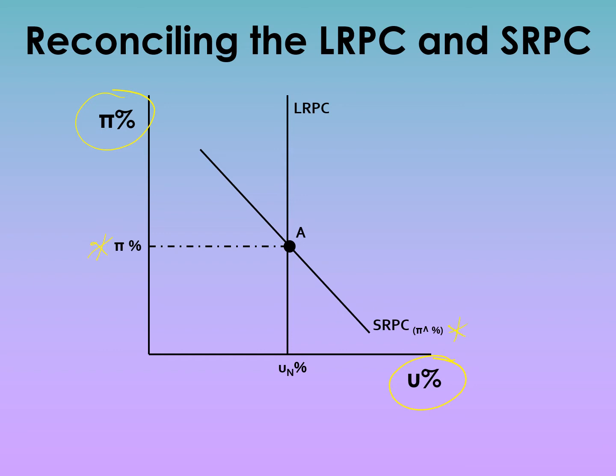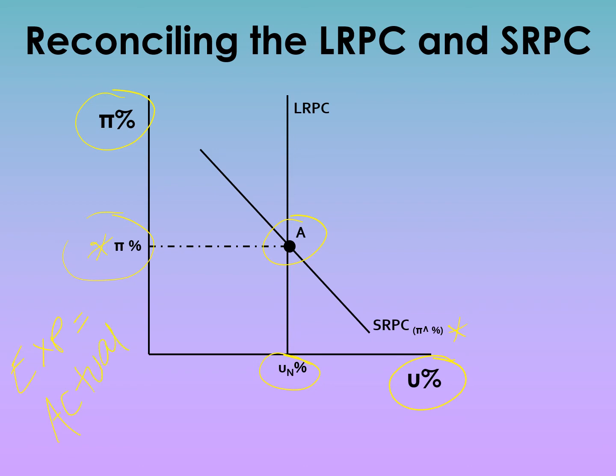Now you'll notice that our short-run Phillips curve intersects the long-run Phillips curve at point A, which indicates that we're at the natural rate of unemployment. So this inflation rate right here, pi star, is the expected inflation rate when we're at the natural rate of unemployment. And actually this situation is our equilibrium, because whenever we're at the natural rate, the expected inflation equals actual inflation.